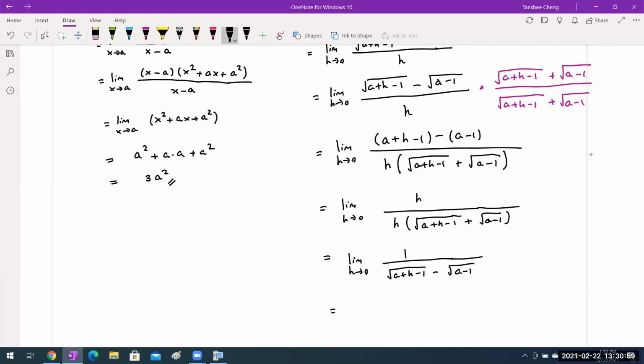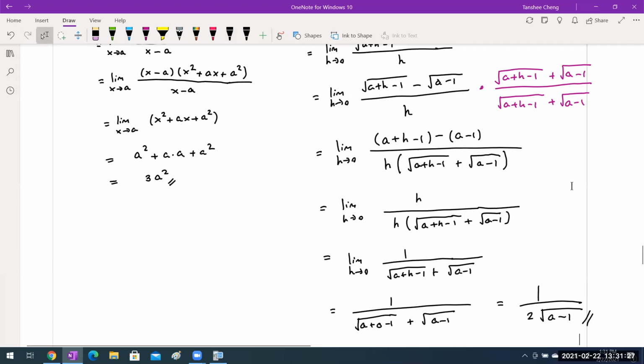Now direct substitution is applicable, so it will be 1 over square root of a plus 0 minus 1 plus square root of a minus 1. Basically, plus, my bad, right? We are adding two of them together, so my final answer becomes 1 over 2 times square root of a minus 1. And that will be my final answer for the derivative of a function at a particular point a.